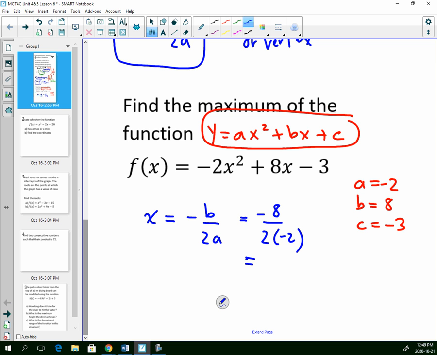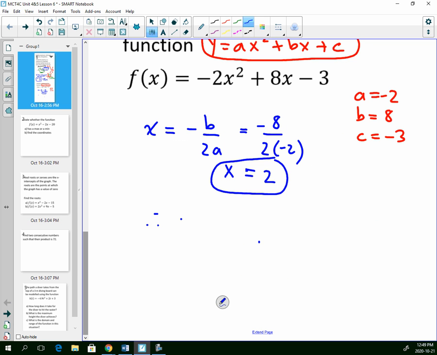So I'm going to simplify that, and I get 8 divided by negative 4 is 2. Sorry, negative 8 divided by negative 4. So I know the middle occurs at 2. Therefore the maximum occurs at x equals 2.